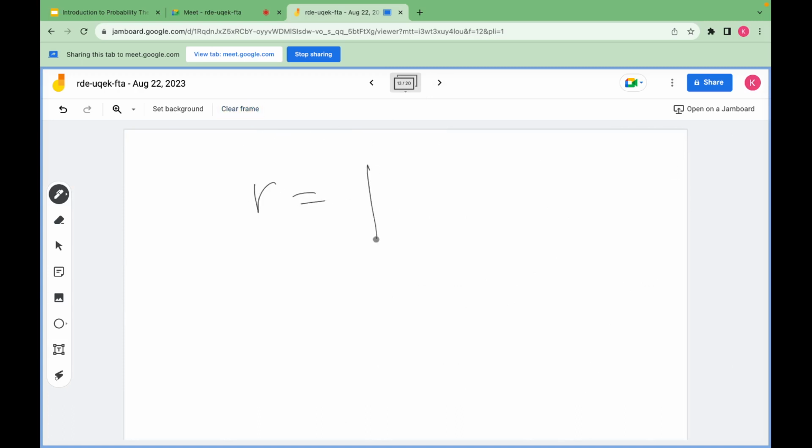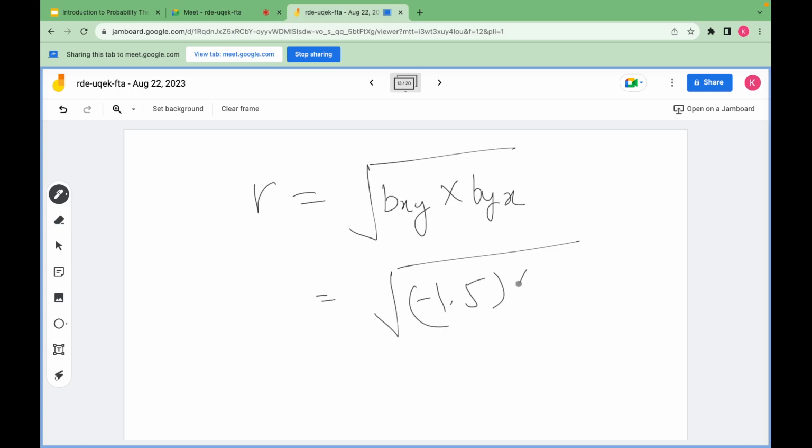We know that r is equal to the square root of bxy into byx. So this value is minus 1.5 into minus 0.5, which comes out to be 0.866.